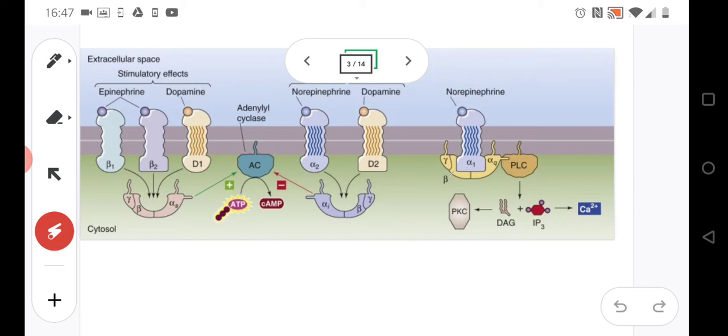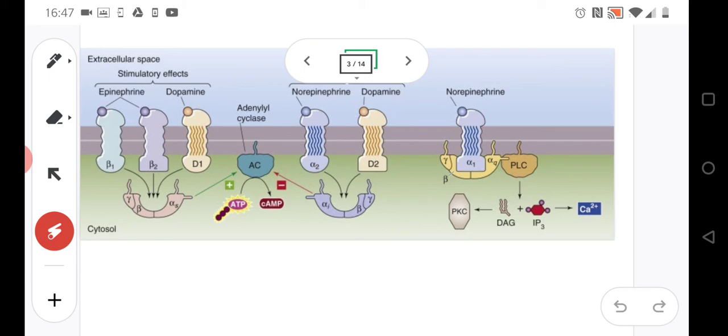Different receptors are in the heart and different receptors are in the guts. So the blood vessels in the guts have an alpha receptor that, when activated, will lead to vasoconstriction, so reduction of the blood flow.